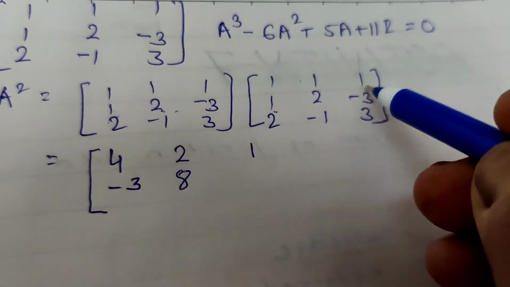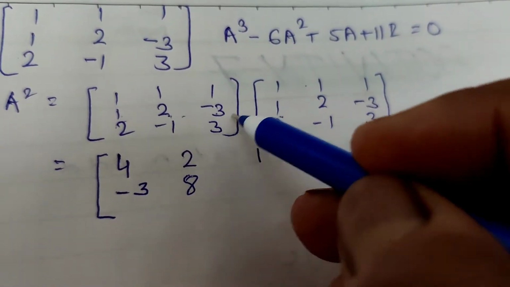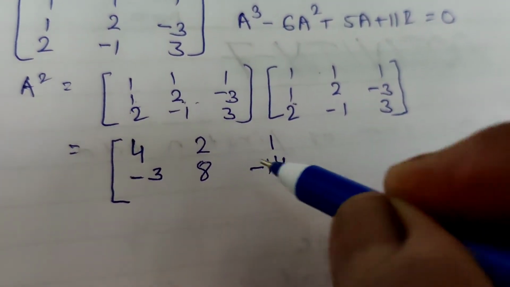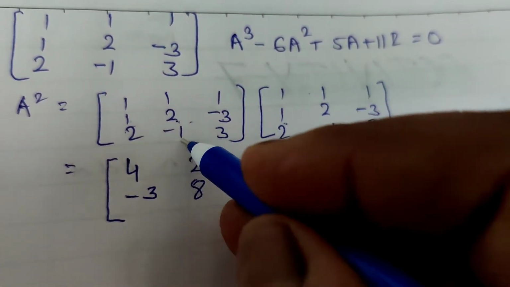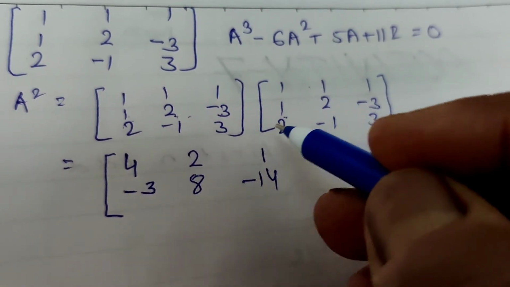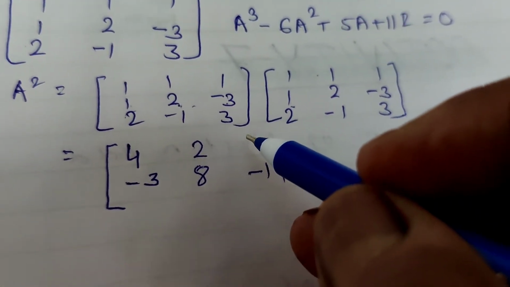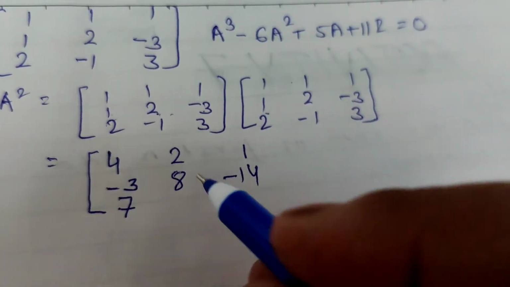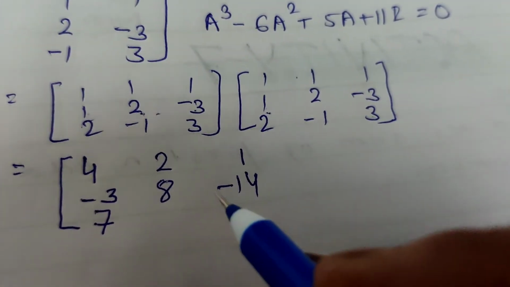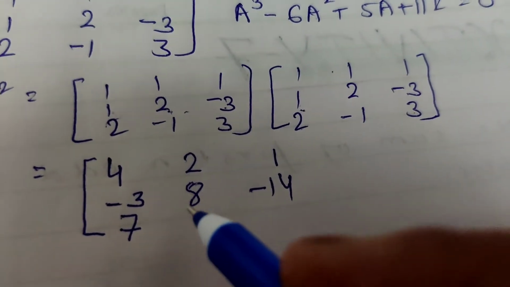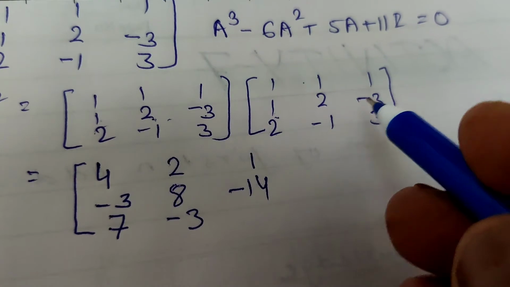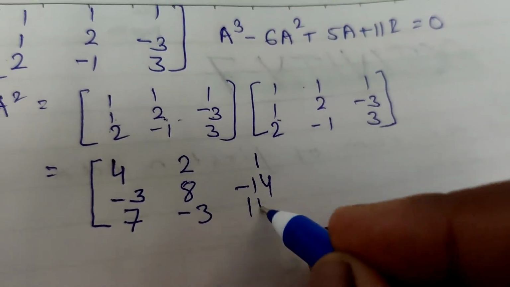Next 1 minus 6 minus 9. Minus 15, 1 minus 14. And this one is 2 minus 1 plus 6. 8 minus 1 is 7. And the same 2 minus 2 cancel. It is minus 3. And the last 2 plus 3, 5 plus 9, 14.